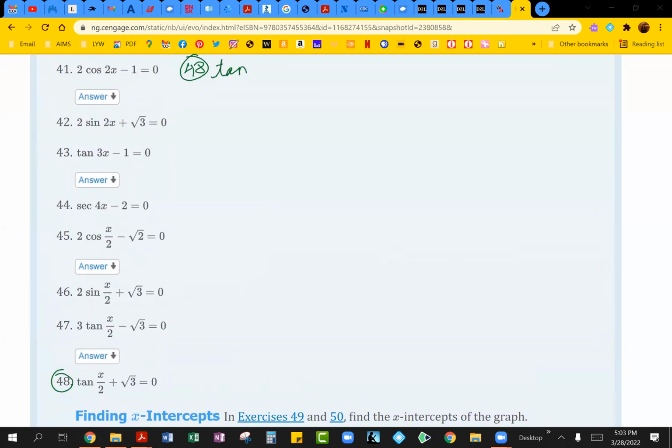So this guy is giving us tangent of x over 2 plus square root of 3 equals 0. So obviously start by subtracting and moving that square root of 3 to the other side, leaving us behind with tangent of x over 2 equals negative square root of 3.